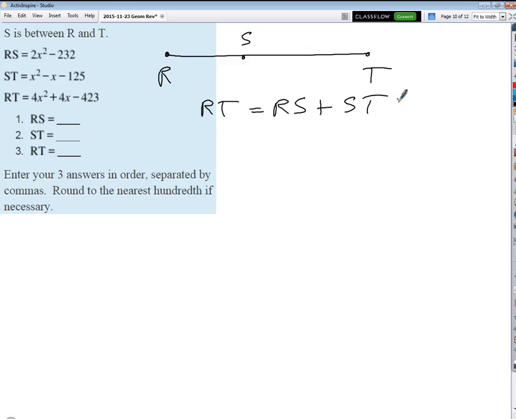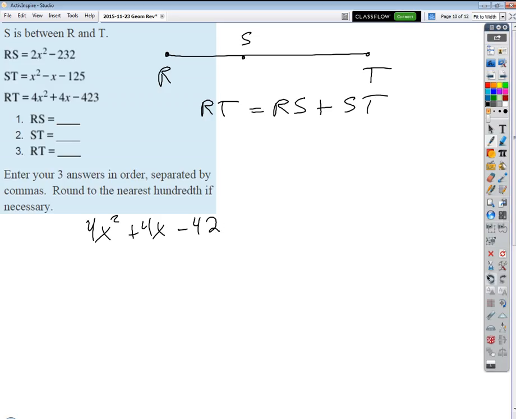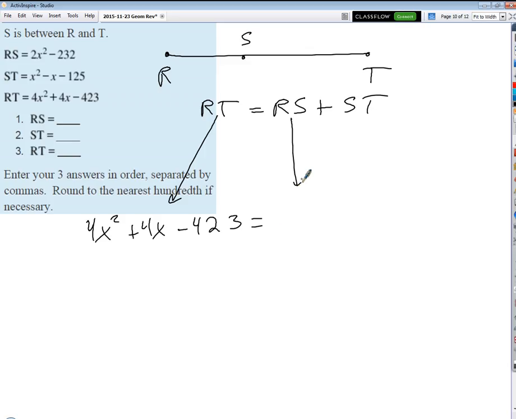Okay, so we've got expressions for that. We can set that up as an equation then. So we get 4x squared plus 4x minus 423 equals RS, which is 2x squared minus 232, plus ST, which is x squared minus x minus 125.